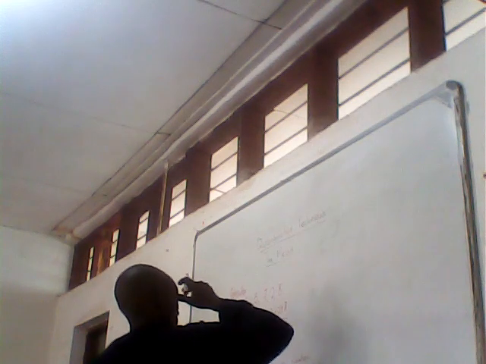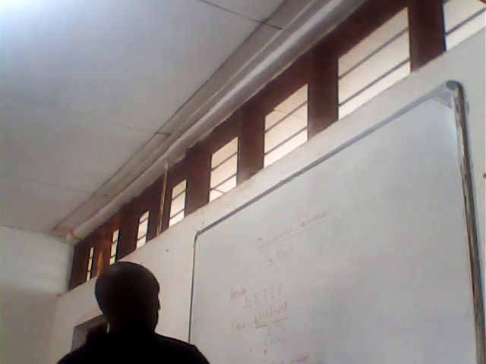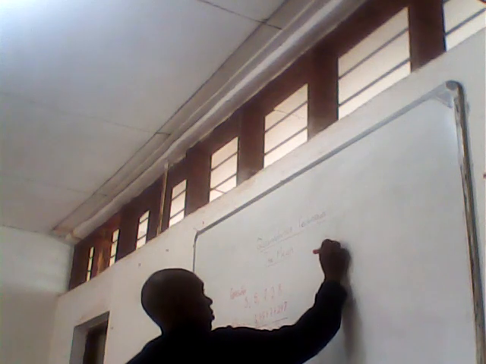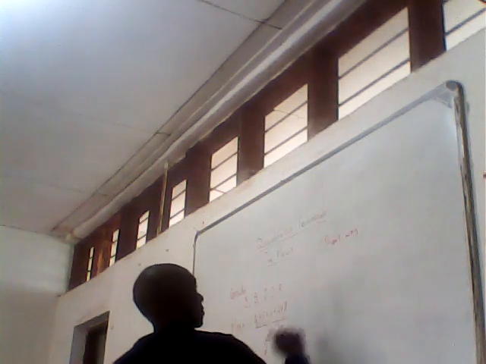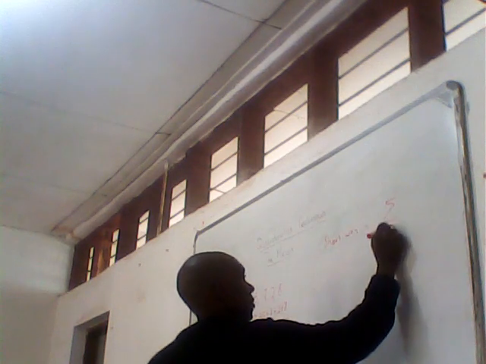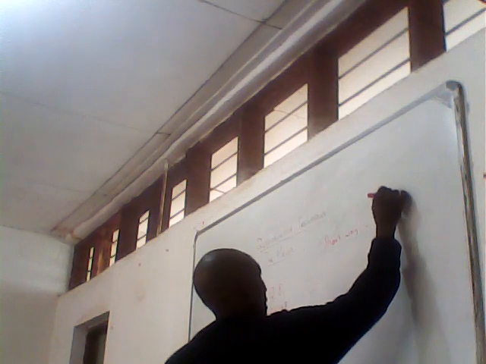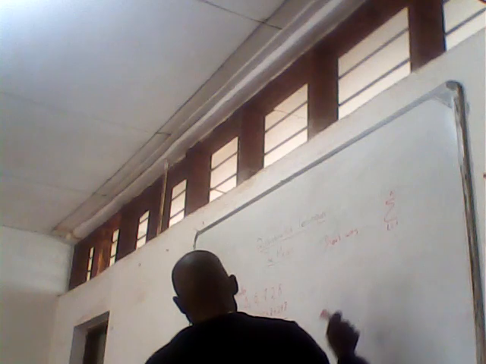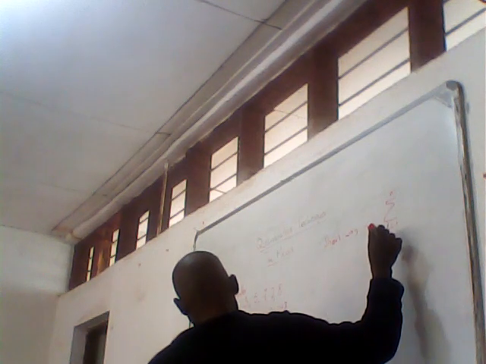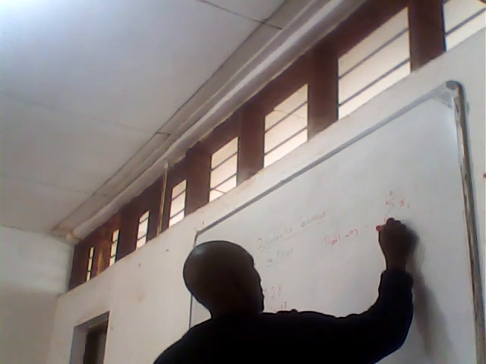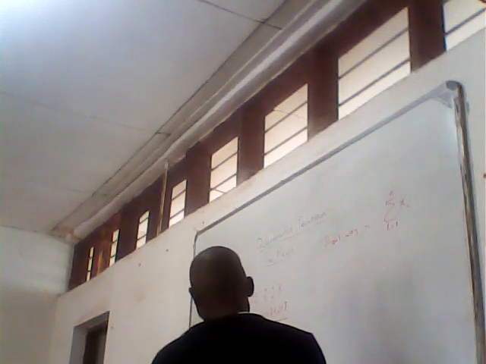There is a short way of working this out. The short way is the summation symbol, from i equals 1 to n, of xi.